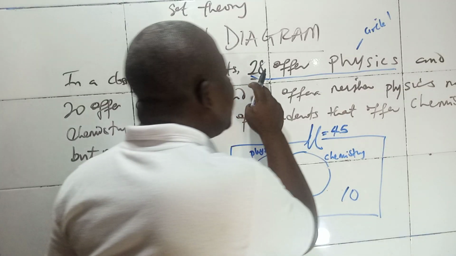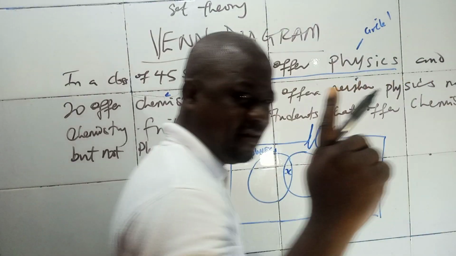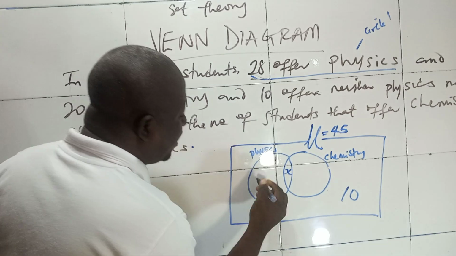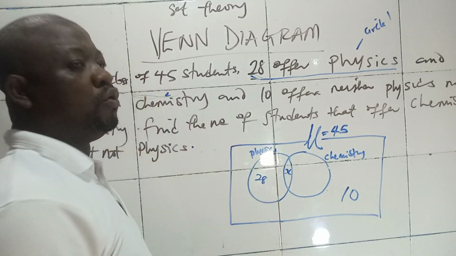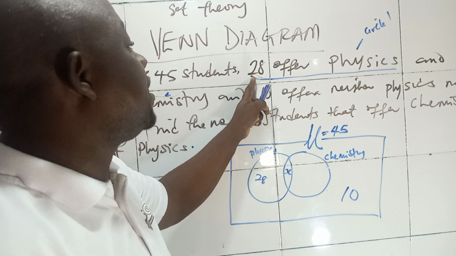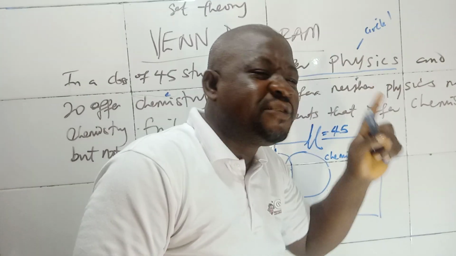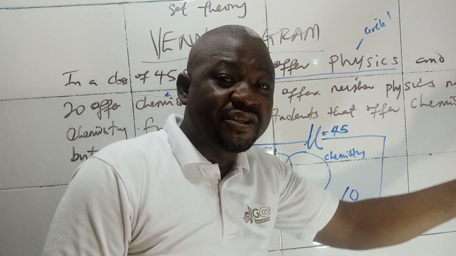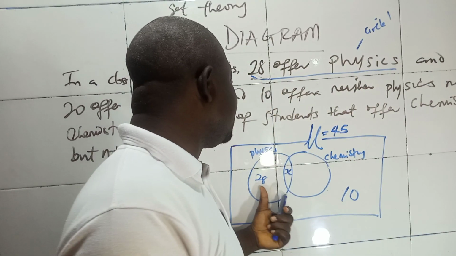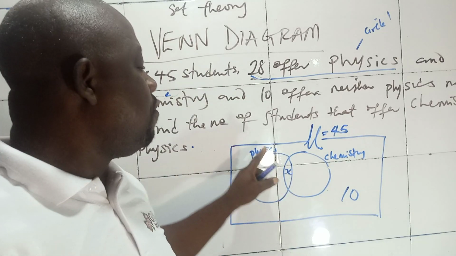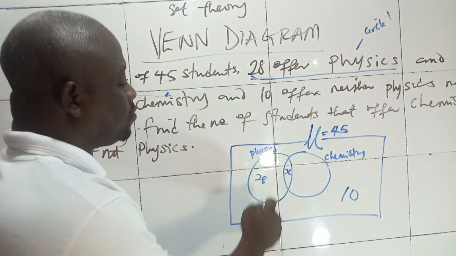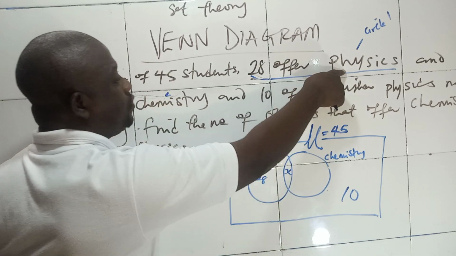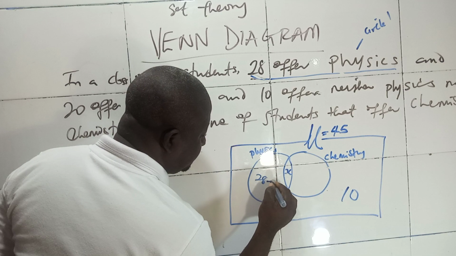At times they can say 28 offer physics only. If I say physics only, I'll just come here and write 28. But here they just said 28 offer physics. It means that there are some students offering both physics and chemistry, with x. For me to get physics only, I have to subtract those offering the two from 28, which is the physics.